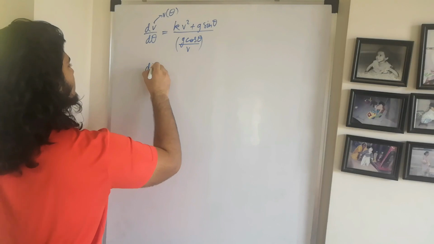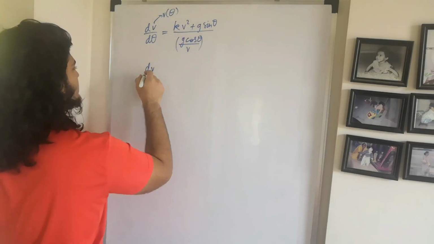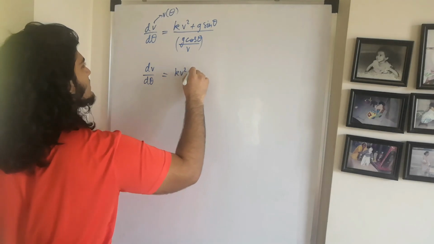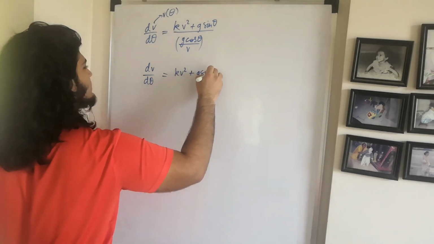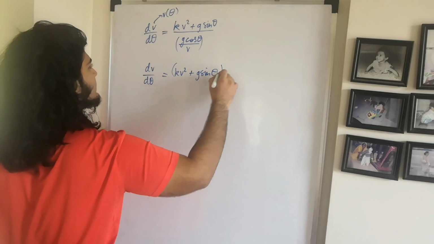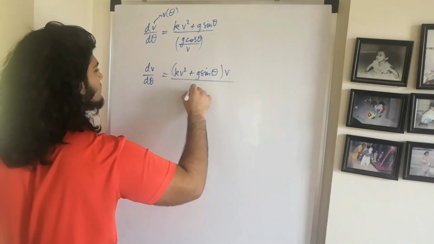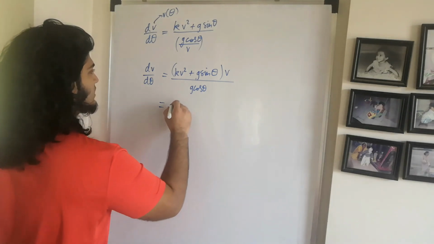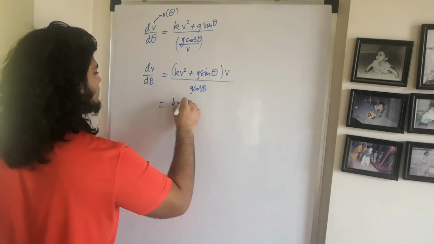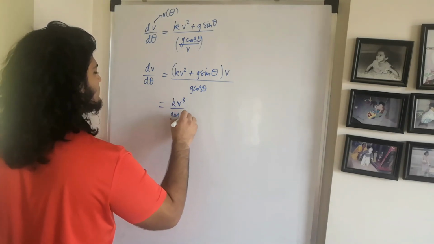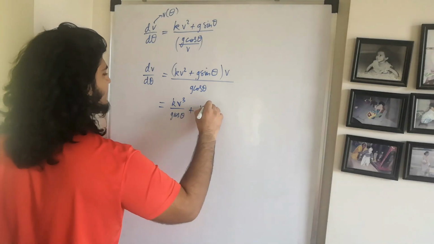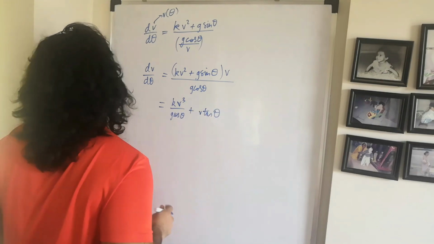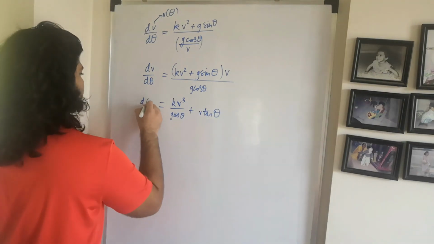So dv by d theta, if I simplify this a bit, is equal to kv square plus g sine theta, the entire thing into v over g cos theta. You can also write this in one other form, which is kv cube over g cos theta plus v tan theta. And that's the differential equation.